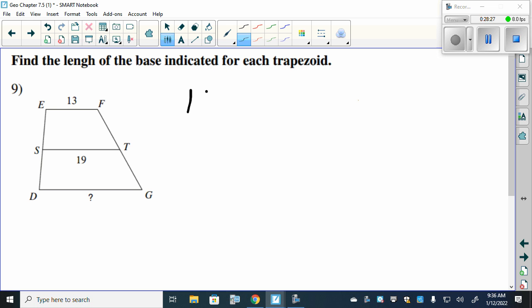And it's telling us that 19 is equal to 1/2 of what? Mm-hmm. 13 plus x, because we can just call the missing side x. We want to figure out what it is. What can we do next?